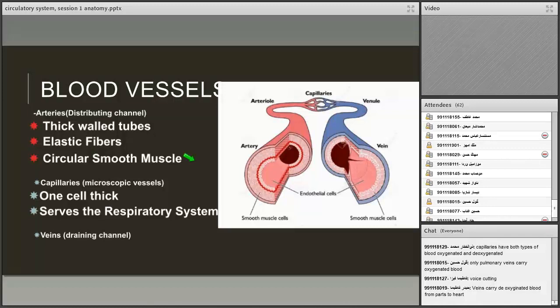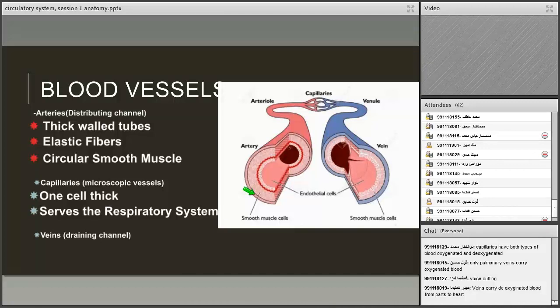Look at here, in this picture, the pink or the red one is an artery. It has many parts. The inner part which is present here are the endothelial cells. After that, we have the elastic fibers and also smooth muscle cells. And at the end, we have the adventitia of the vessels.